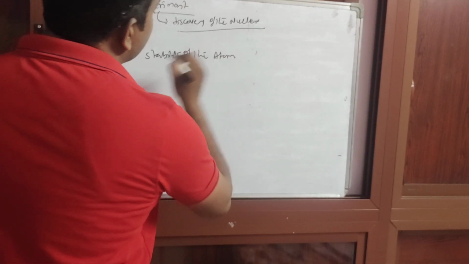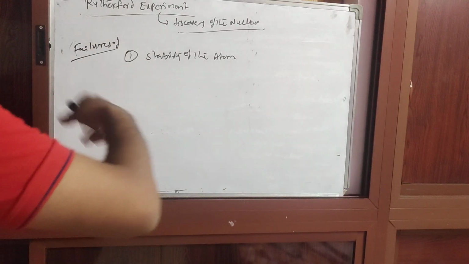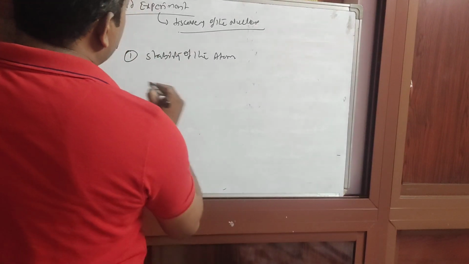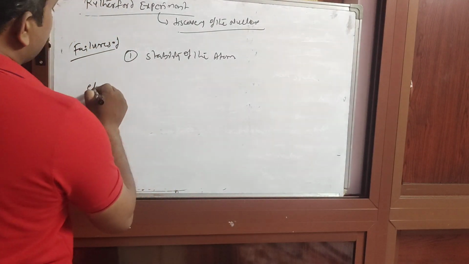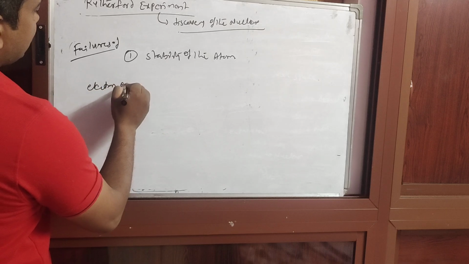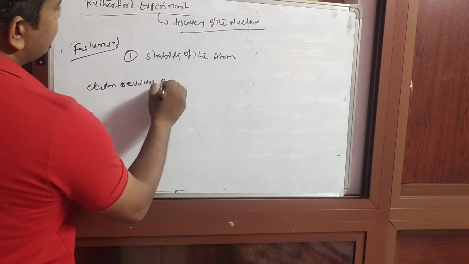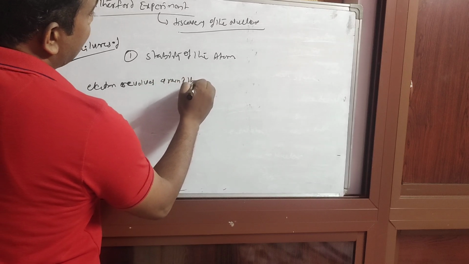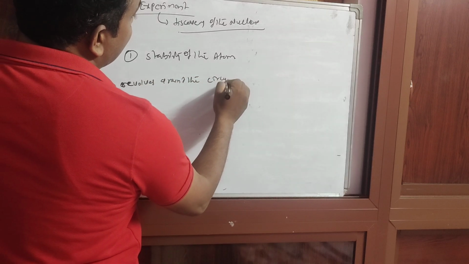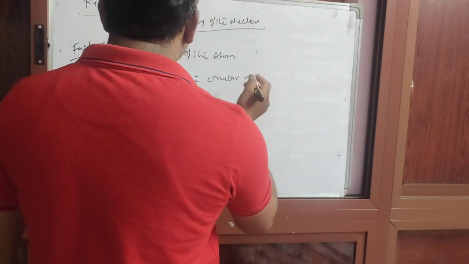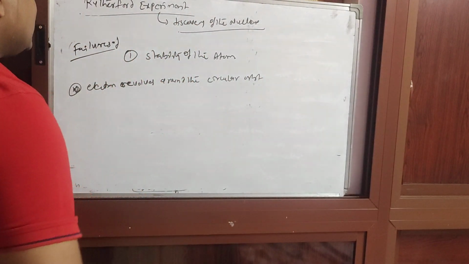Why? Because he observed that the electron revolves around the nucleus in a circular orbit.